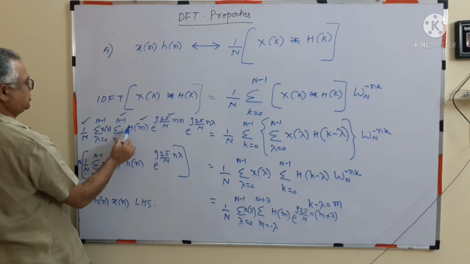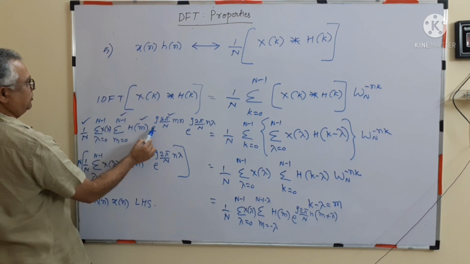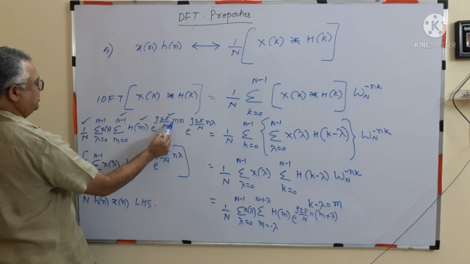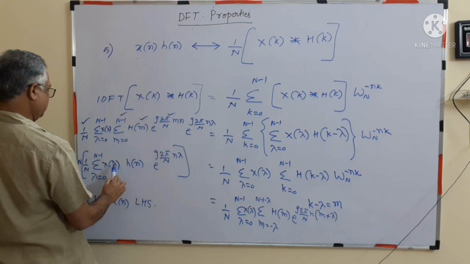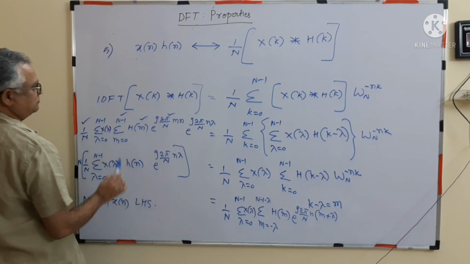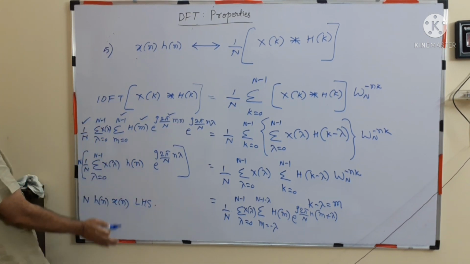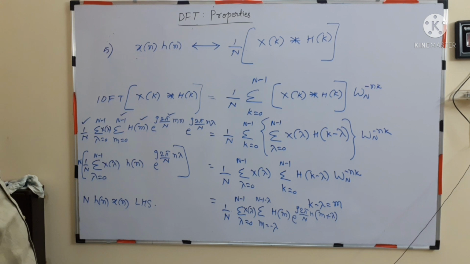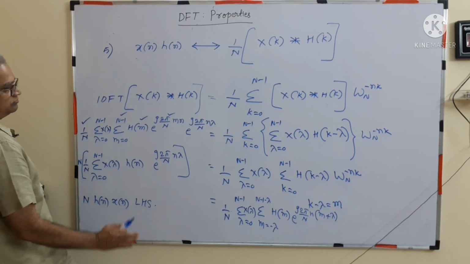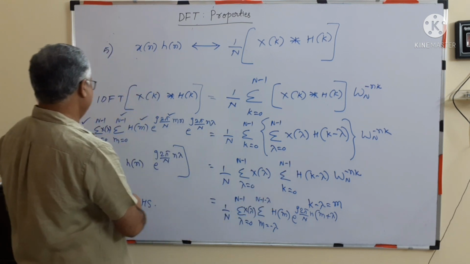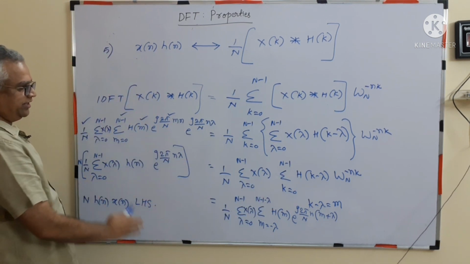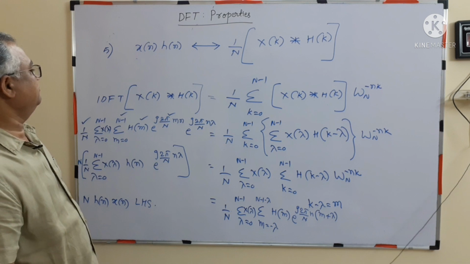K equal to 0 to N minus 1, H of k, e power j 2 pi by N nk. So this is nothing but H of n. So just be careful in writing the formulas. So we got the LHS. You need a lot of practice, otherwise you will make mistakes. So like this, I hope you understand.